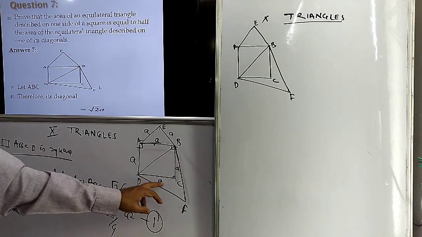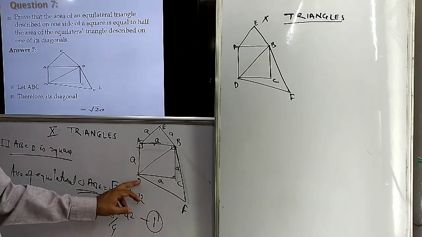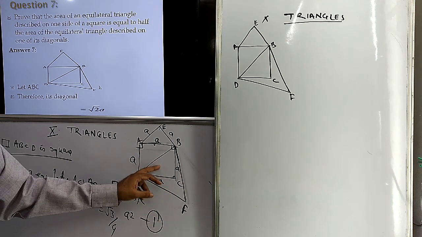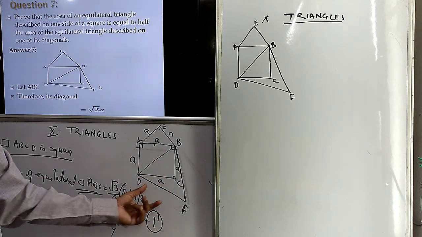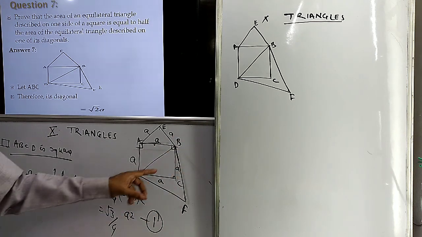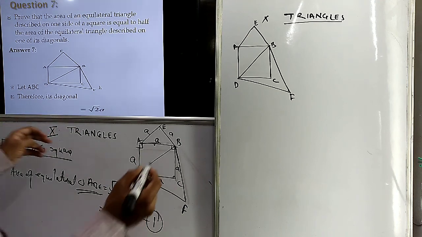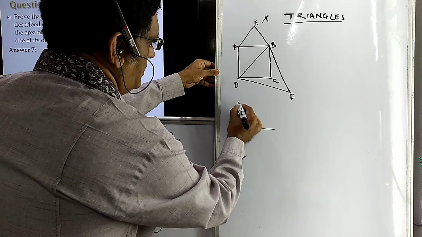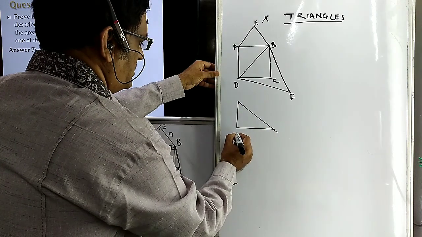Now to find the area of triangle BDF, first of all we have to find this diagonal BD. Diagonal BD is equal to diagonal DF, which is equal to diagonal FB. This diagonal can be found by using the Pythagoras theorem.